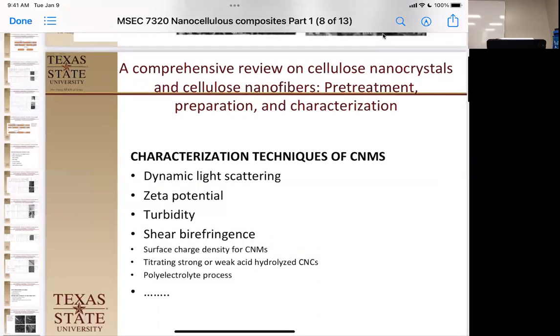Depending on what you want to do, you have to analyze them differently. Obviously, you can do dynamic light scattering if you have nanocrystals. Why won't dynamic light scattering work well on fibrils?